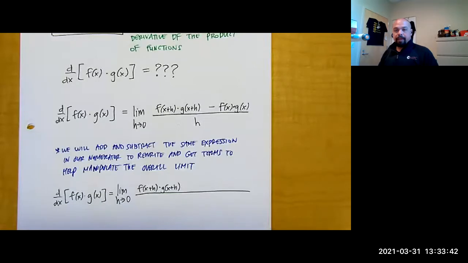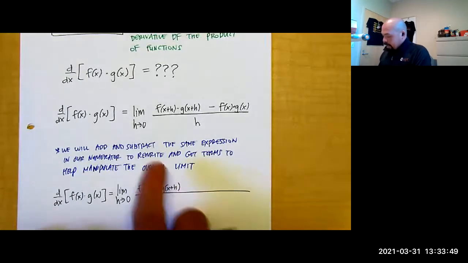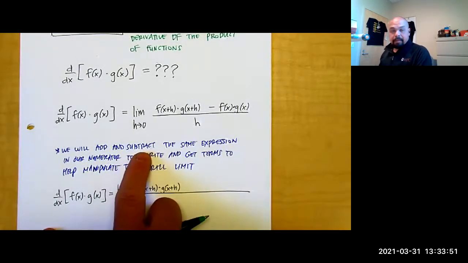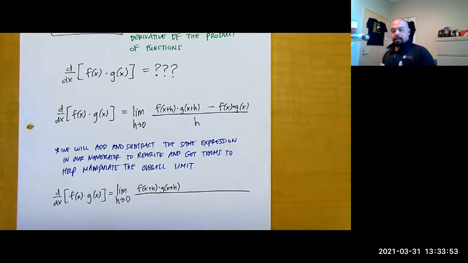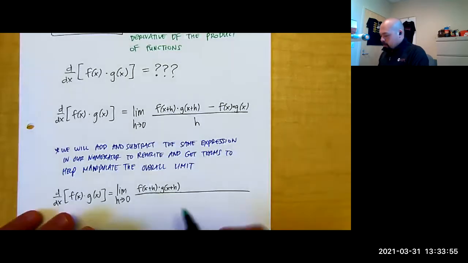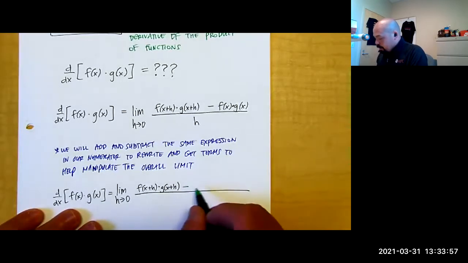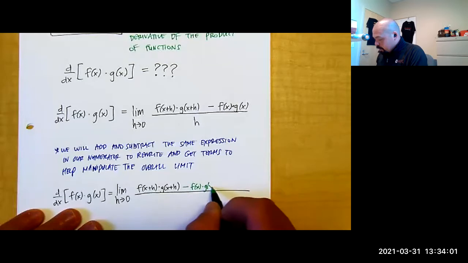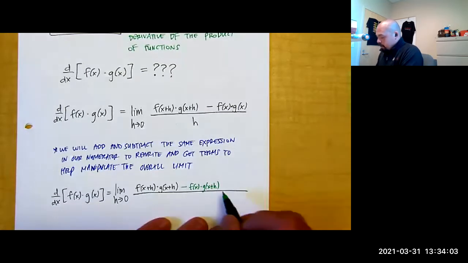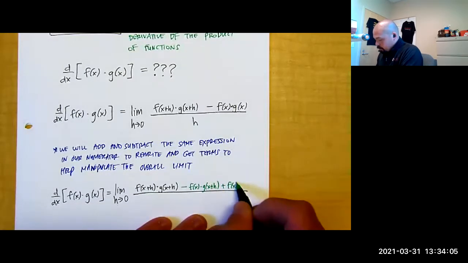But let's use this term. So I'm going to add and subtract the same exact expression. Which one you put first or second, the subtraction, the addition, doesn't make a difference. I'm going to put the subtraction first, okay? But I'm going to put here f of x times g of x plus h. And I'm going to add that same thing.